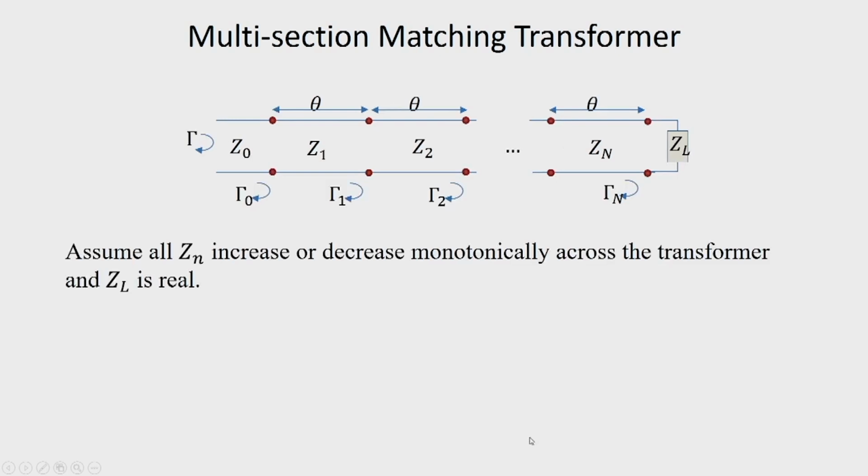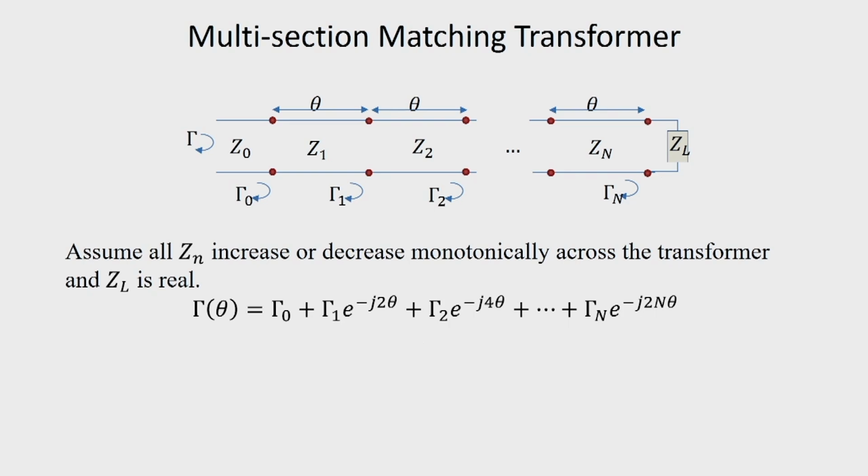Now, we assume that all the Zn increase or decrease monotonically, and ZL is real. So, that means Z1, Z2, up to ZN all will increase monotonically or decrease monotonically depending upon the values of Z0 and ZL.